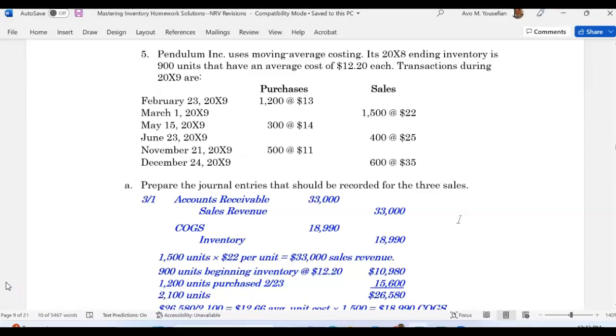That means we have a software doing this for us. Here, we are trying to do it with Excel because we don't have actual software. But if you have QuickBooks, let's say, then the software will do perpetual for you. And I think QuickBooks Desktop is using maybe moving average. But QuickBooks Online is doing FIFO.